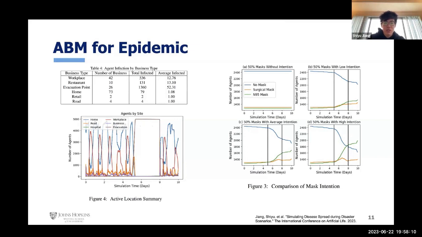But we also need to consider some unexpected things, like elders being unable to evacuate as soon as possible or something like that. And we definitely need to improve it in the future. And in figure 3, we'll just give you some intuition about the change of the masking with different intentions.